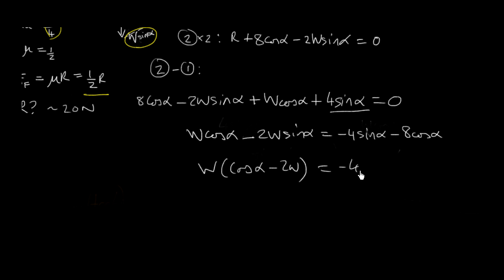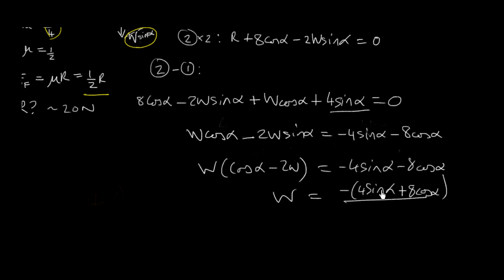Go to minus 4 sine alpha minus 8 cos alpha. Now I divide, and W is going to be equal to minus 4 sine alpha minus 8 cos alpha. That's a plus, sorry, because there's a minus outside, over cos alpha minus 2 W. Oh my god, I have another W in there.